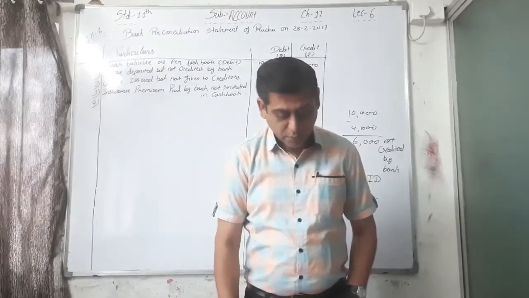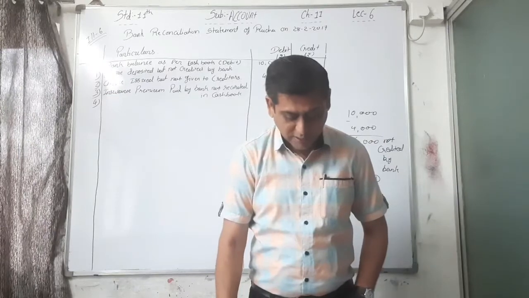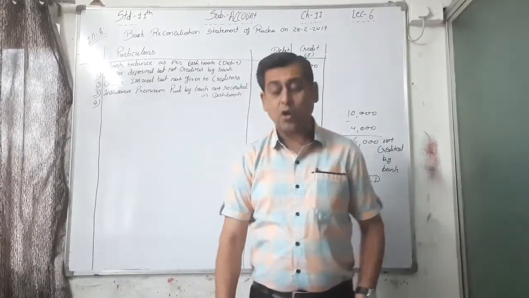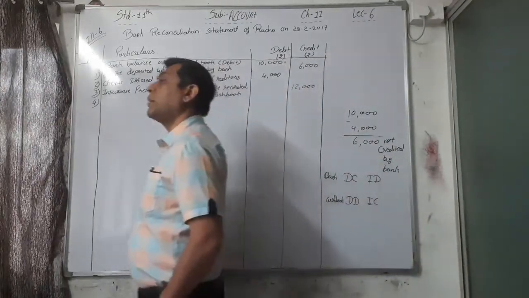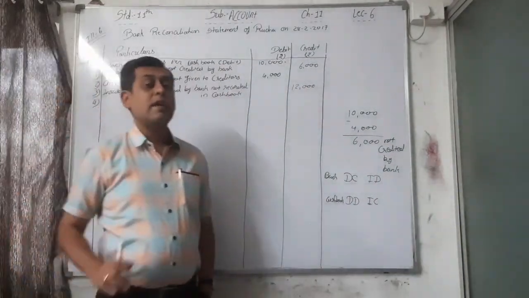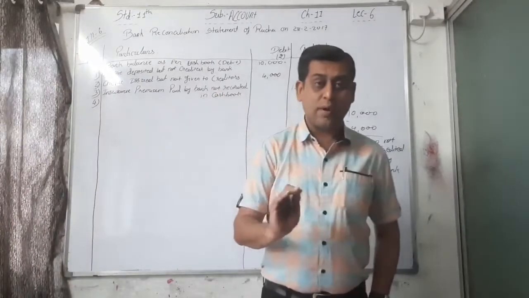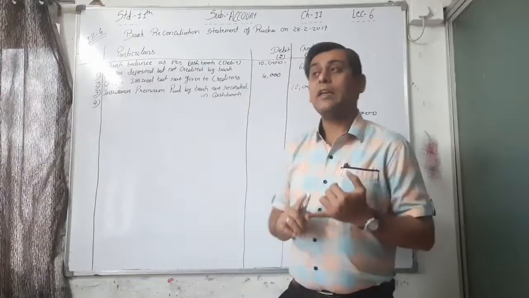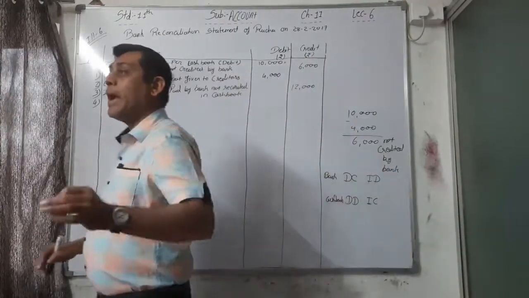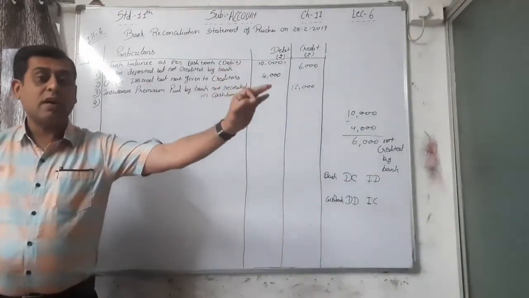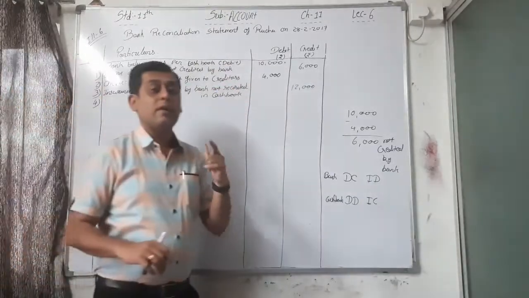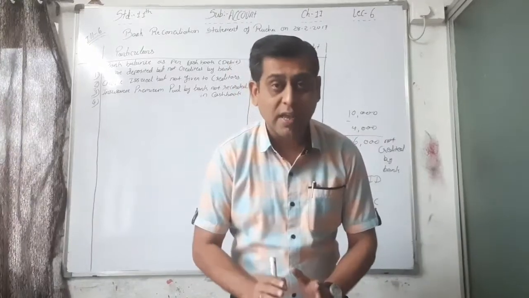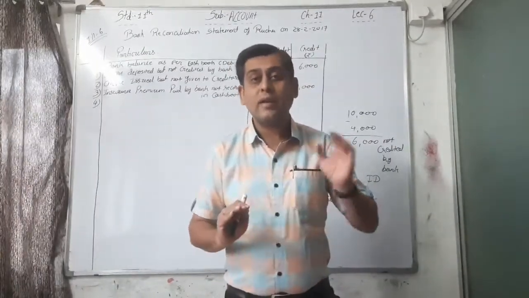A customer has deposited directly rupees 20,000 in Rucha's account, which is known to Rucha on 1st March. That means it was directly deposited by the customer. Whenever the amount is directly deposited by the customer, the bank credits that amount in our account and we have to debit it. So always, when the word directly deposited by the customer is there, you just debit it.